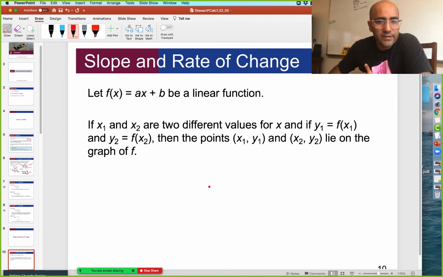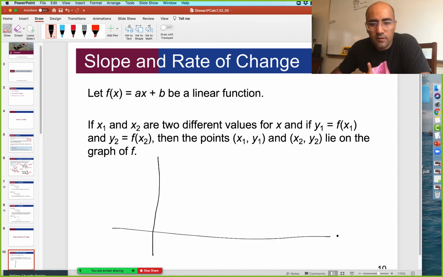So all they're saying is, if we have, let me just draw a visual representation of what all this means. If we have our Cartesian coordinate system, which is really ugly here, we have the x-axis, the y-axis, and now we have two different values, x1 and x2.